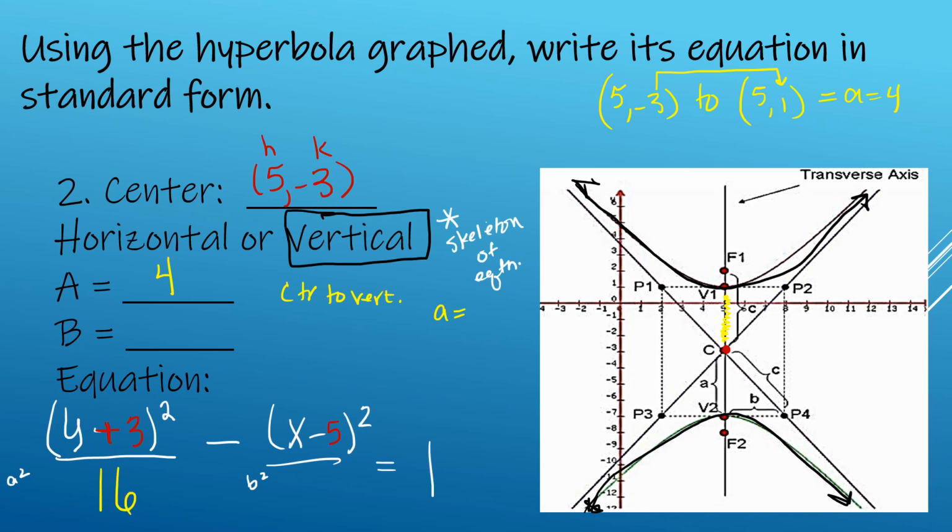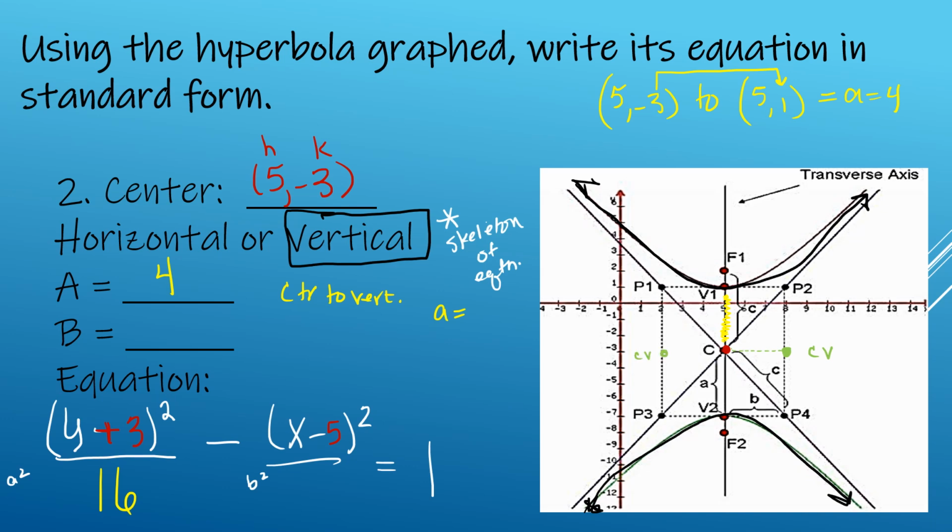Now we'll do the same for our b value. In this case, I can count over because they've given me the box from the center either to the left or to the right, so I can plot that point. That would be a co-vertex, and there's the other co-vertex over here.